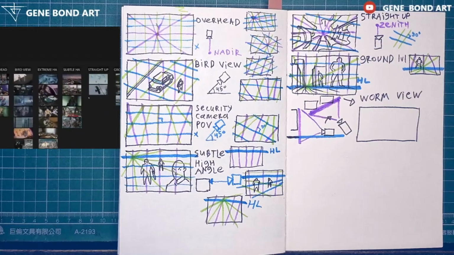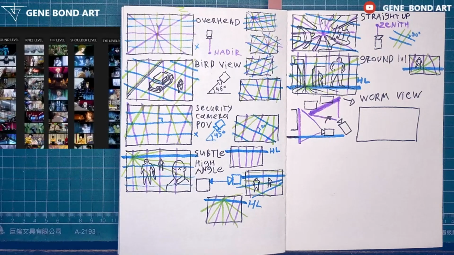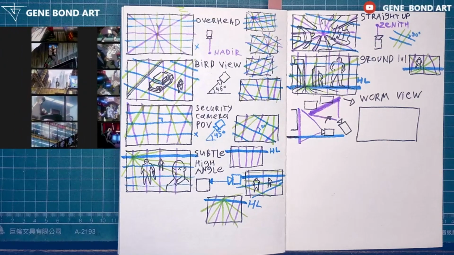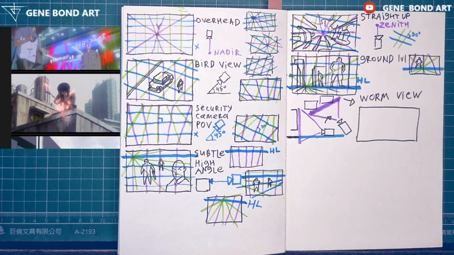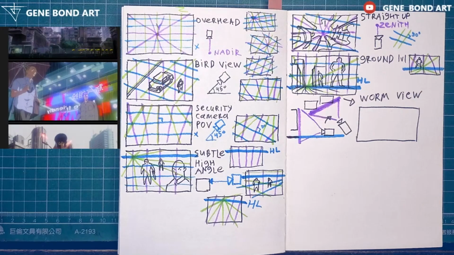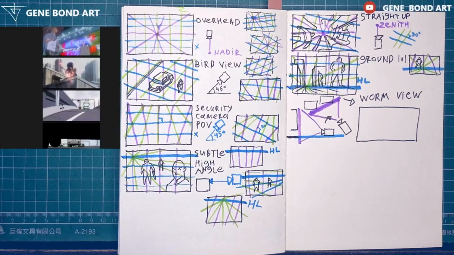Let's say we have this perfect example from Ghost in the Shell, actually. The ground level. Yeah, like this one of ground level, or this one. So the walking dude, we don't have a horizon line inside, but the camera is leaning on the ground.